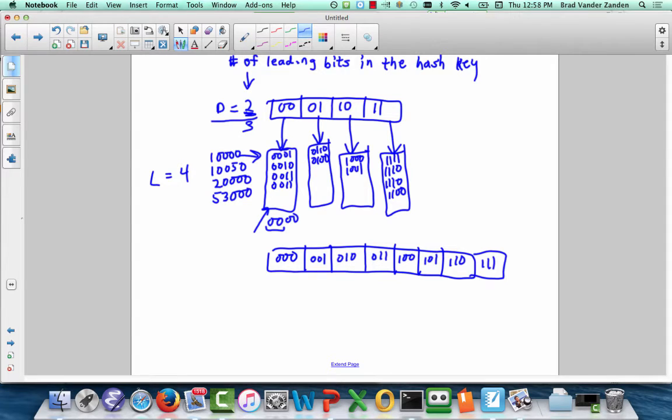Now, for the leaf that's split, that one needs 3 bits. So we're now considering the leading 3 bits for this particular leaf.